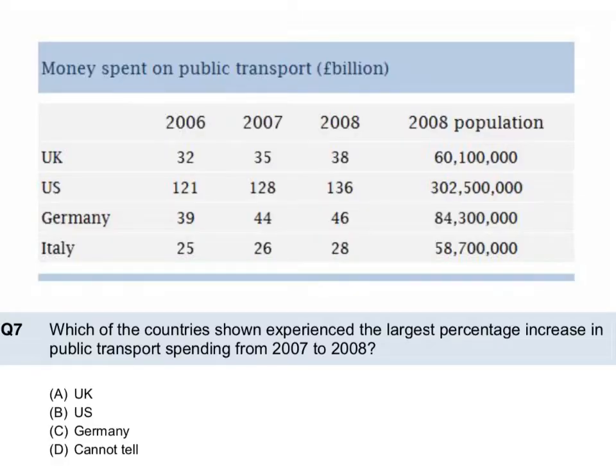Now, analyzing the table, we have that in 2006, UK spent 32 billion on transportation. And question number 7 is asking, which of the following countries shown experienced the largest percentage increase in public transportation from 2007 to 2008?